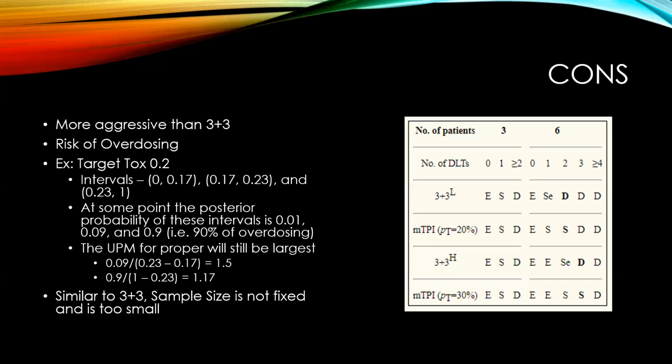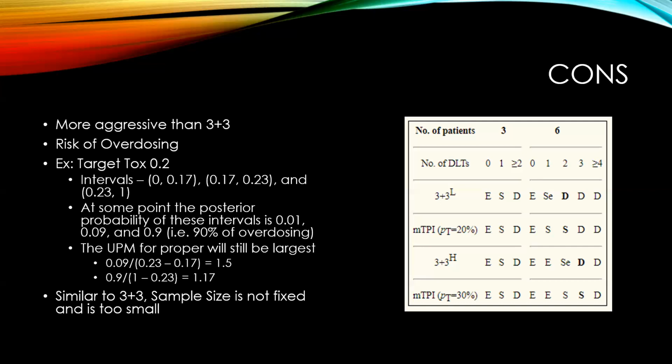So the probability of overdosing is 90%, but the UPM for the proper interval will still be the largest, just based off these calculations. You can see 0.09 divided by (0.23 minus 0.17) is 1.5, whereas 0.9 over (1 minus 0.23) is 1.17. So we're probably overdosing, but our design itself, the UPM, is telling us that we need to stay, which we don't want to be doing.